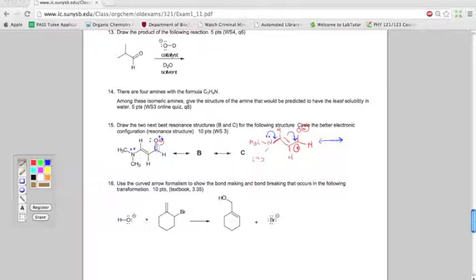So just follow the arrows, draw your arrows so you know where everything is going, and it's going to be easier when you are redrawing your molecule. So you got rid of that positive charge by shifting the electrons. Your nitrogen is getting a positive charge because it donated its electrons.